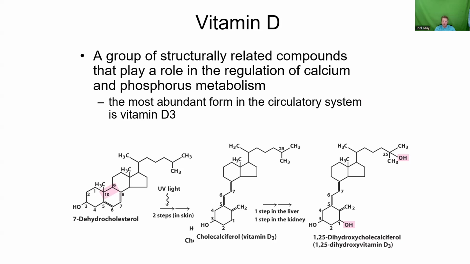If you've ever talked about vitamin D, one of the ways you've probably talked about it is, oh, well, all you got to do for vitamin D is go outside. And you have to get what's known as UV light exposure. Now, UV light exposure is complicated because in places like Central Texas, your UV light exposure is very high.